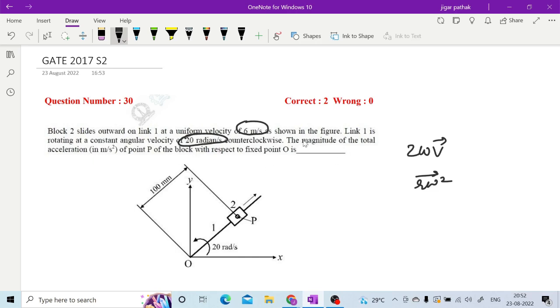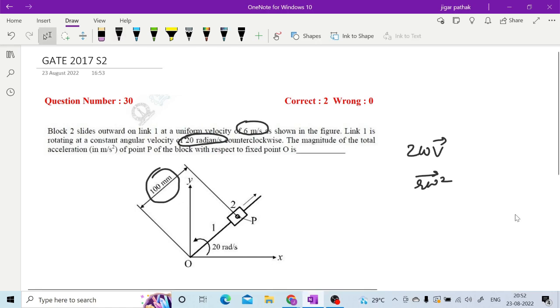So 2 omega v can be calculated, and from r omega square you will be able to calculate the other component, because r is mentioned over here as 100 mm, that is 0.1 meter. Omega is anyway given as 20 radian per second. So are you guys getting what you have to do? Yes, sir. So please calculate.